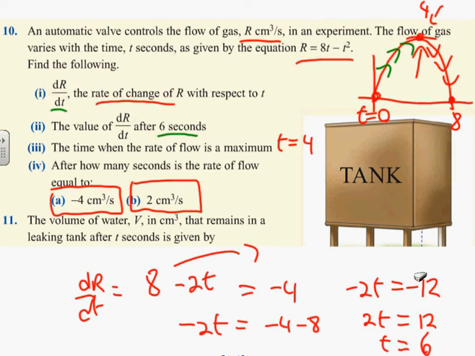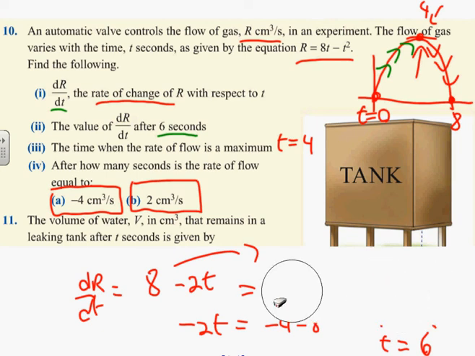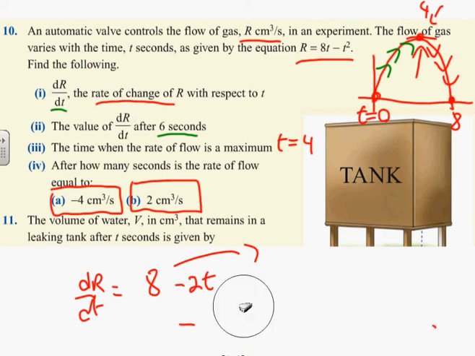Bring the 8 over. Yeah, and what do you get? Minus 2t equals 2 minus 8. Yeah, minus 2t equals? Minus 6. 2t equals 6. What does t equal? Minus 3. Plus 3, sorry. As predicted, your time value is in between 0 and 4. Okay, guys.